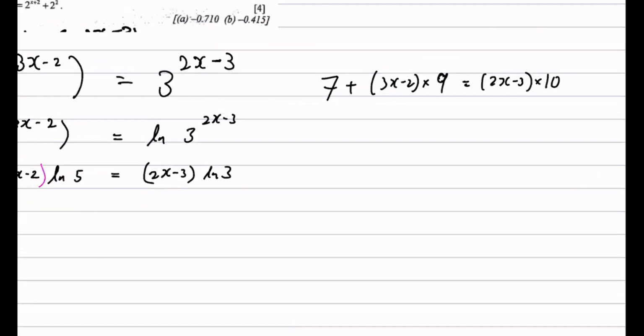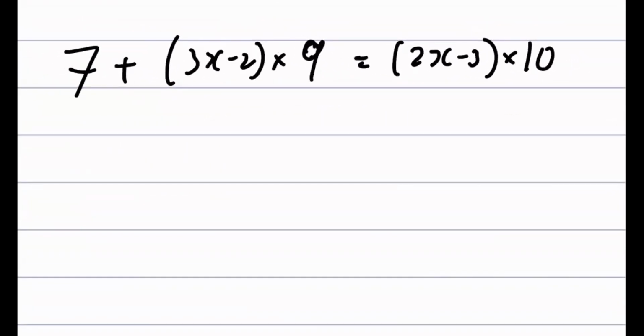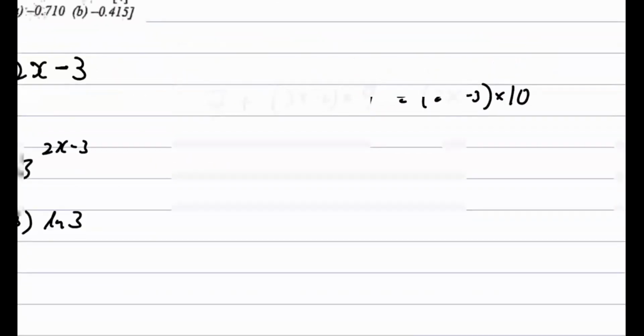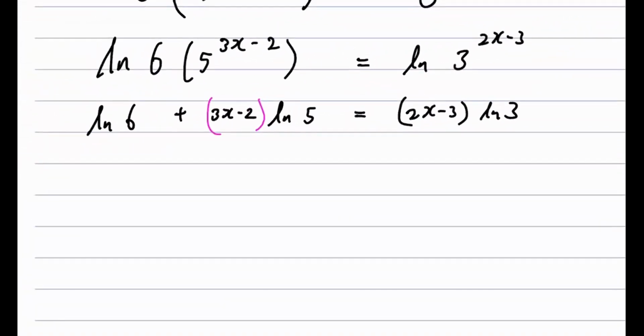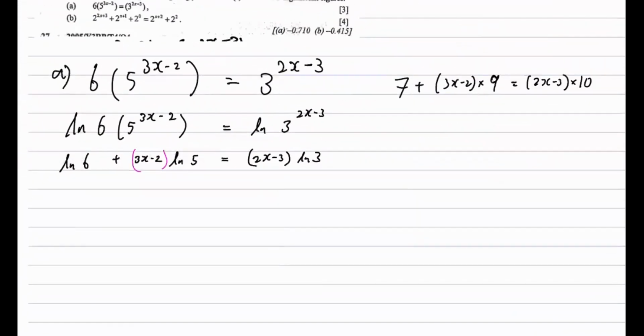Can you solve for x in this case? If you can, then when we change the numbers from 7, 9, and 10 into ln 6, ln 5, and ln 3, it is equivalent. How? Bracket, got a number, multiply it. Minus ln 6 both sides.